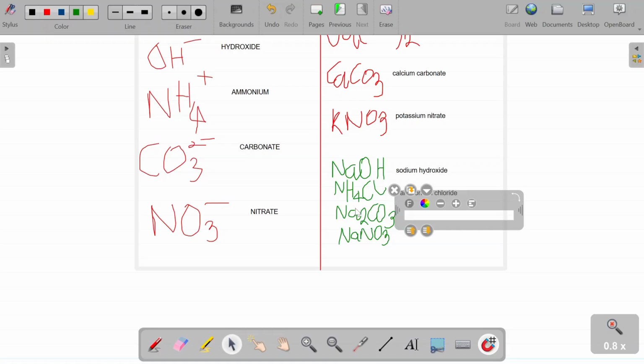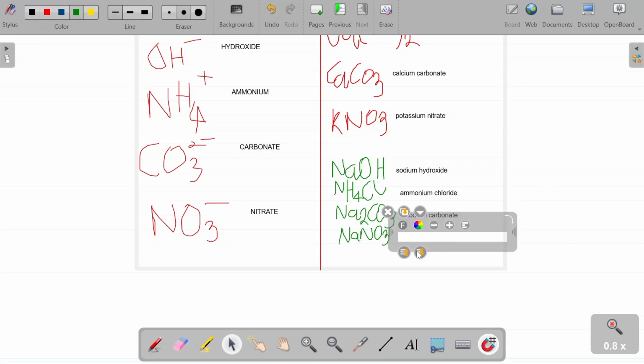Sodium has 2 atoms here, but we don't really consider it. So we just say sodium, and then the ion, which is CO3. So that's sodium carbonate. Then the last question is NaNO3. That is just going to be sodium, and NO3 is nitrate. So sodium nitrate. Fairly straightforward, fairly simple.